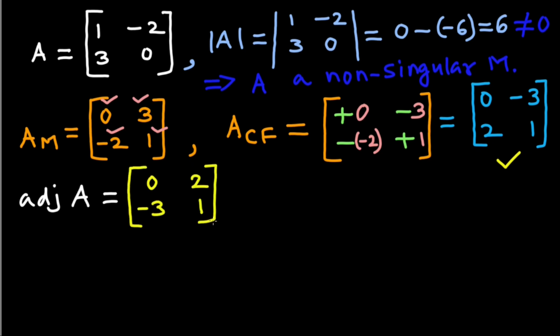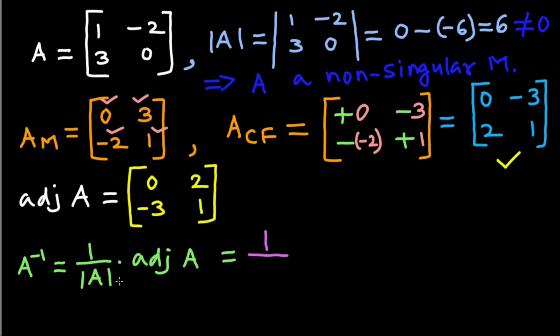Now that we have found adjoint of matrix A, we will write the formula to find the inverse of matrix A. We have A inverse equals 1 upon determinant of A into adjoint of A. So it will be 1 by the value of determinant, which is 6.